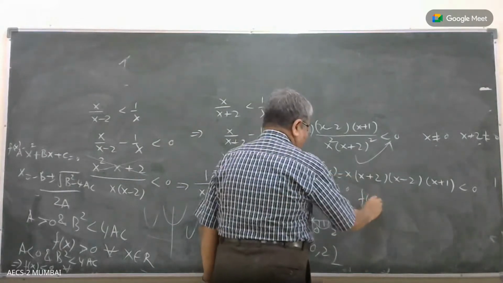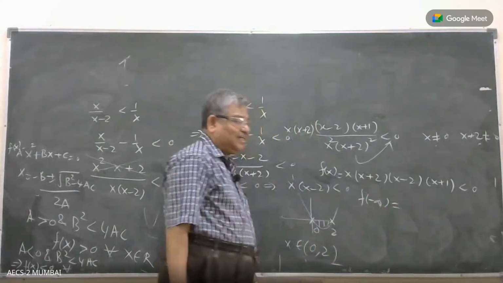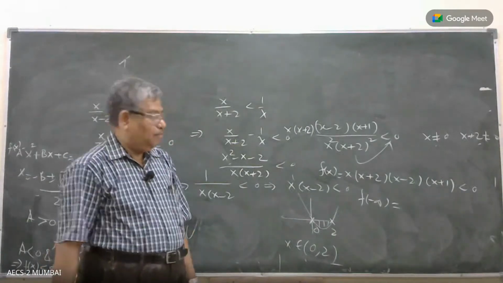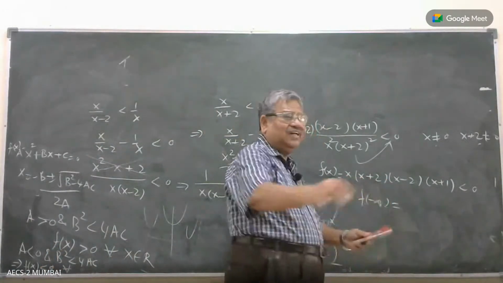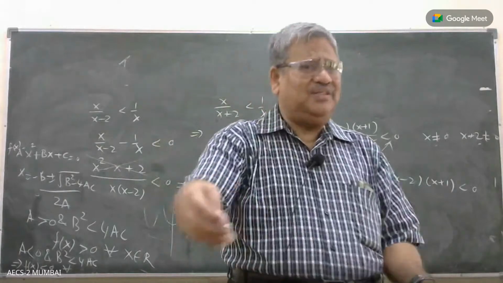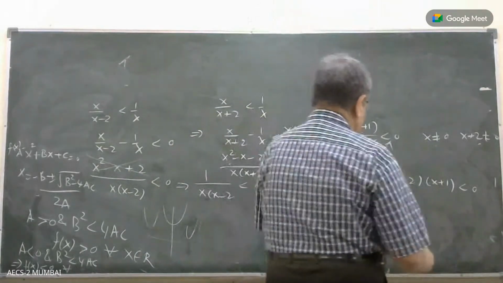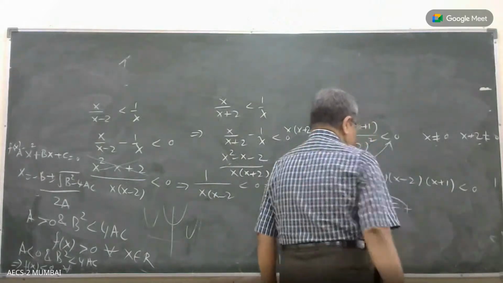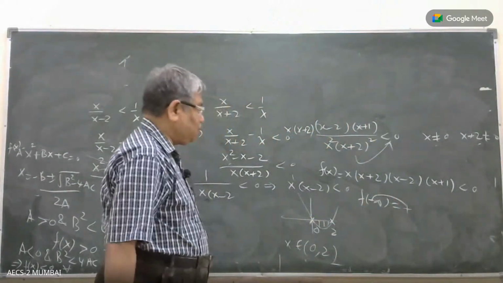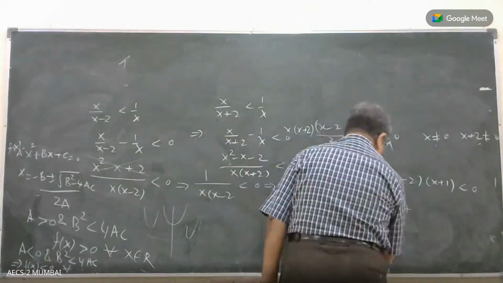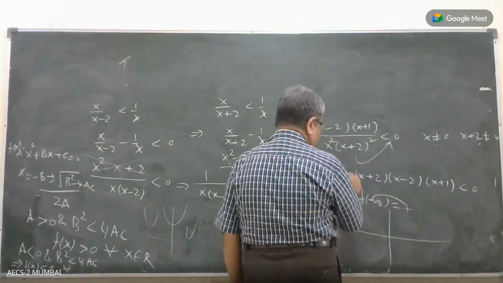Now tell me, f of minus infinity will be plus infinity or minus infinity? Plus infinity. Minus infinity is a minus big number, minus 10, minus 100. Correct? This is a very crucial step. This means this curve will start from the minus, plus quadrant. And what are the nodes?